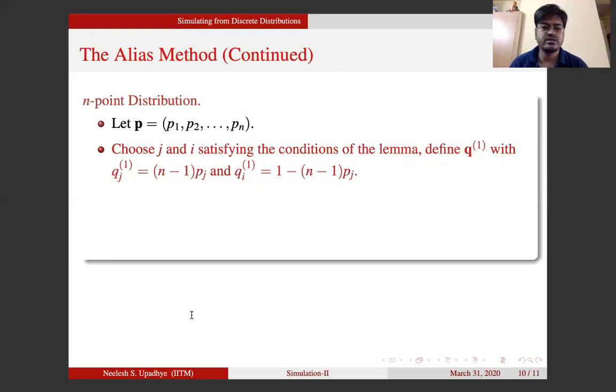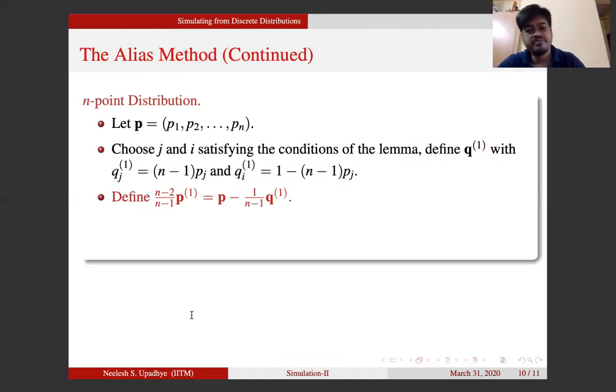We have done this with Qj1 equal to (n minus 1) Pj and Qi1 equal to 1 minus (n minus 1) Pj. This is what we have been doing so far. Now, this is the crucial step. You assign P1, which is multiplied by (n minus 2) by (n minus 1), as (P minus 1 upon n minus 1 Q1).